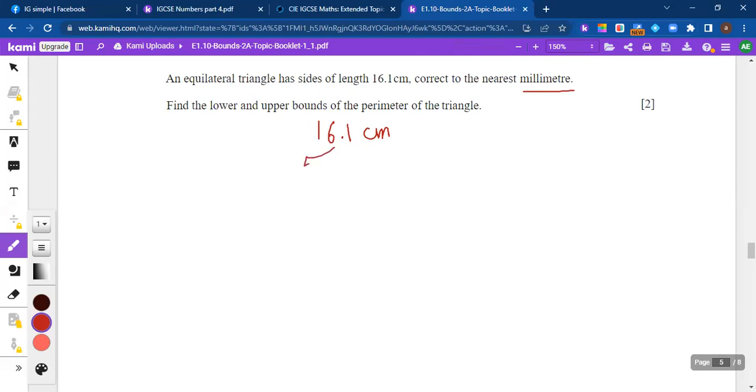So here lower, here upper, minus 0.05, plus 0.05. Here it will be 16.05. Here 16.15.